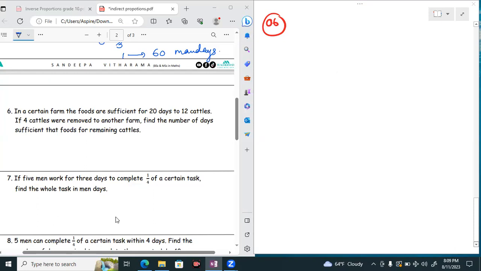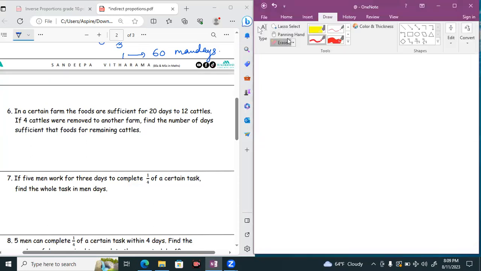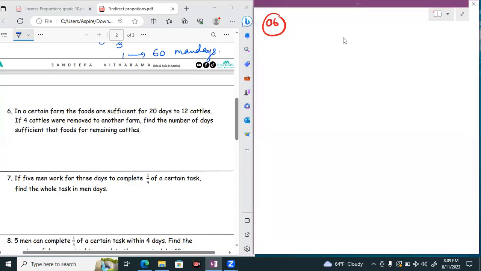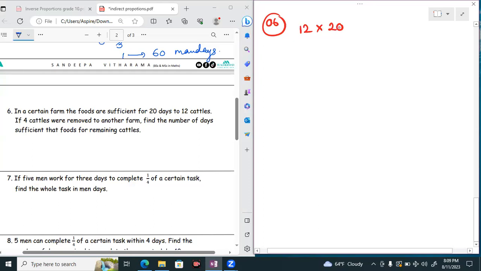For 12 cattle, 20 days are sufficient. After removing 4 cattle, it is 8 cattle remaining.